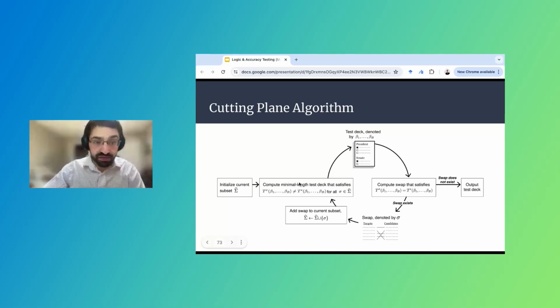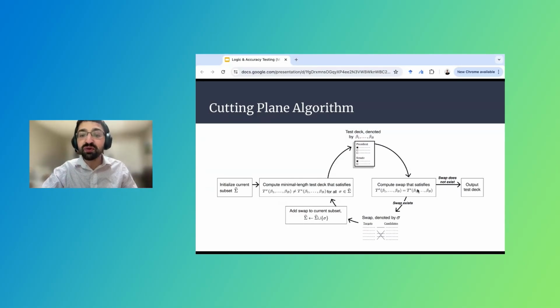And in each iteration, we first compute a minimum length test deck that would detect all of the incorrect bijections in that subset, capital sigma hat. If sigma hat is small, that's at least a small enough optimization problem that we could fit into memory. So we solve that. That then gives us some test deck. Now that test deck is guaranteed to detect any of the incorrect bijections in our subset sigma hat, but it may not detect all possible bijections.